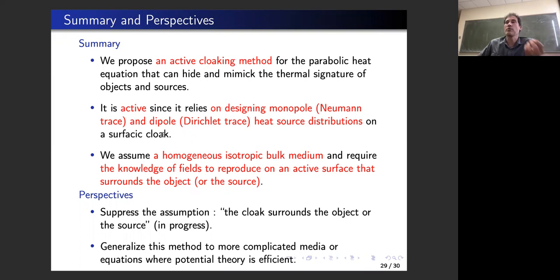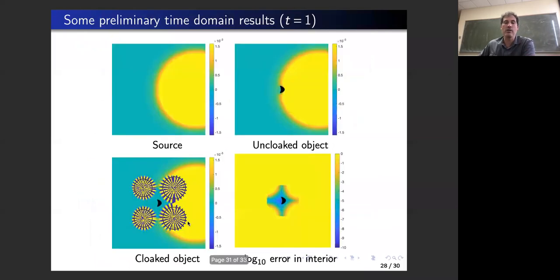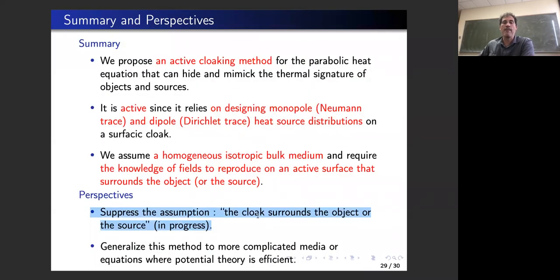This is active because we needed to use sources to do this, and it assumed that the medium is homogeneous and isotropic. So we are working now on active cloaking, meaning that I don't want to surround the object anymore. And we want to generalize this method also to more complicated media, like media with anisotropy and so on, and see what we can get with that.